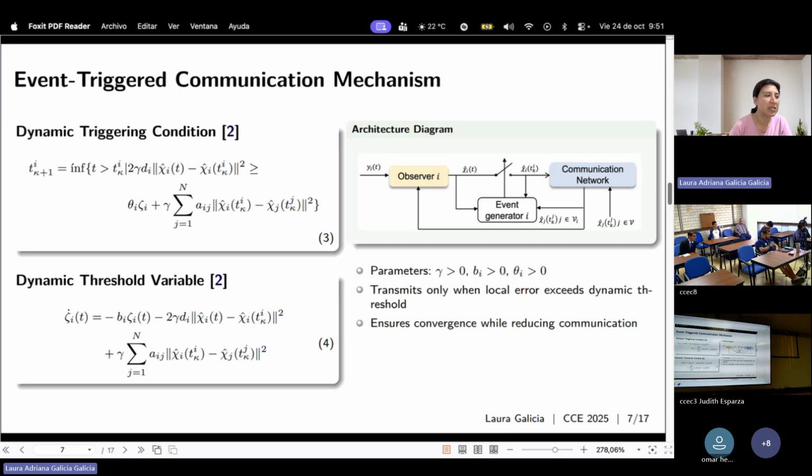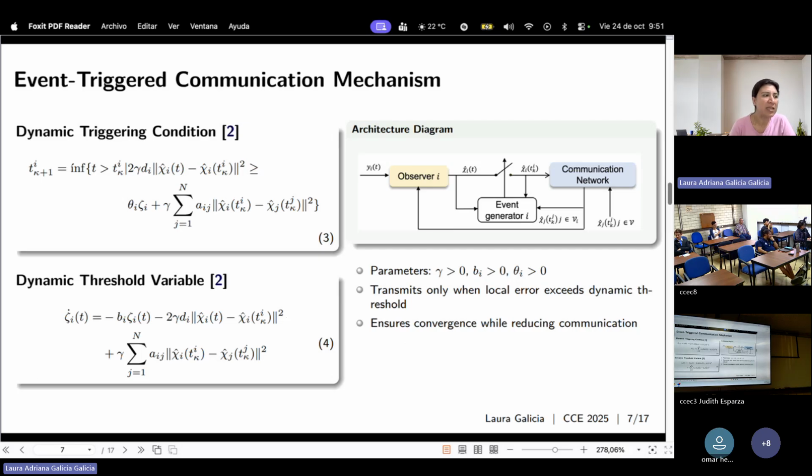Our event trigger mechanism works like an intelligent communication manager. Each observer continuously monitors two things: how much its local estimate has changed, and how it compares to its neighbors. Communication occurs only when local changes become significant relative to an adaptive threshold that itself evolves based on network consensus.